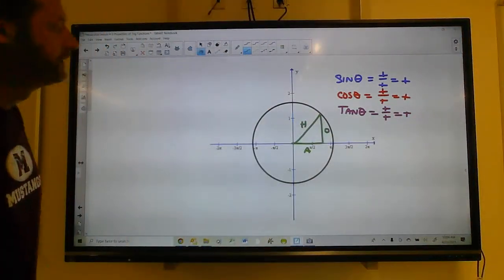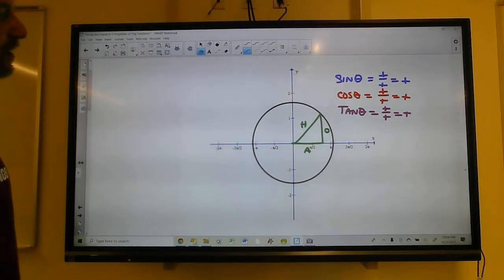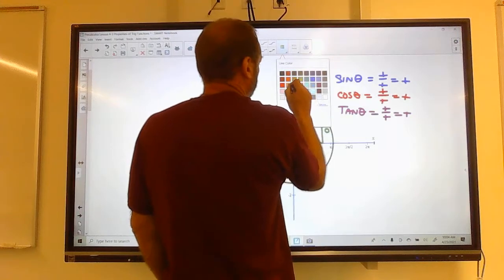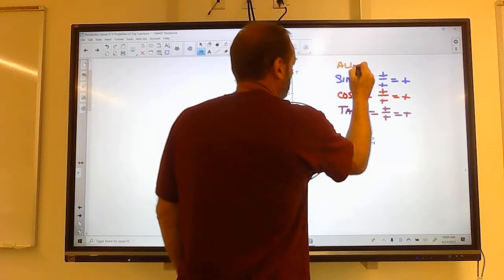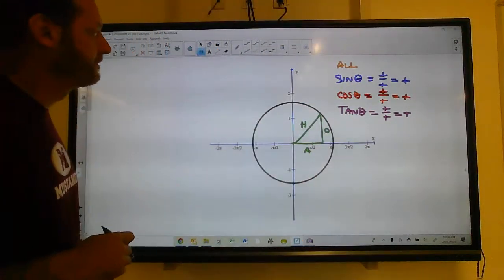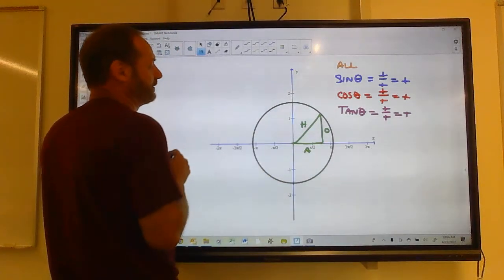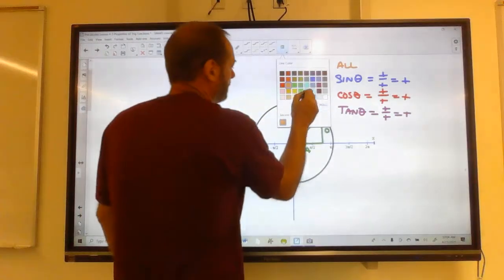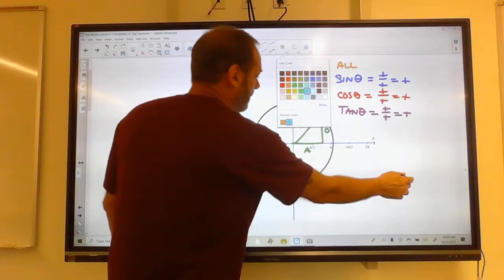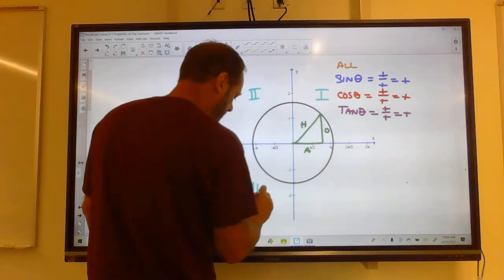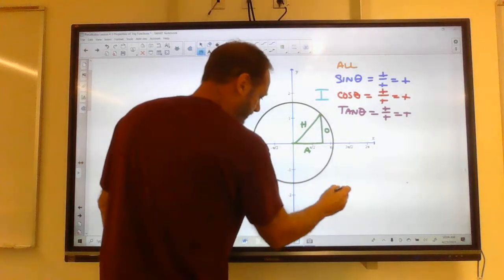All right, well, so they're all positive up here. Okay. Now, let's look in the second quadrant. Remember, our quadrants go like this.